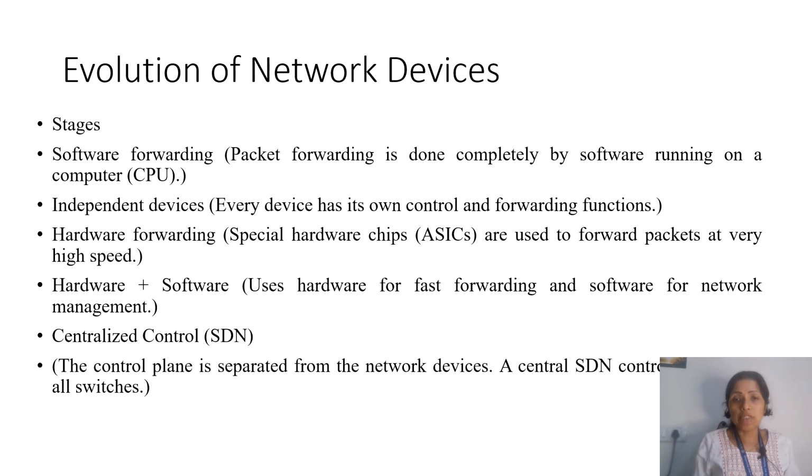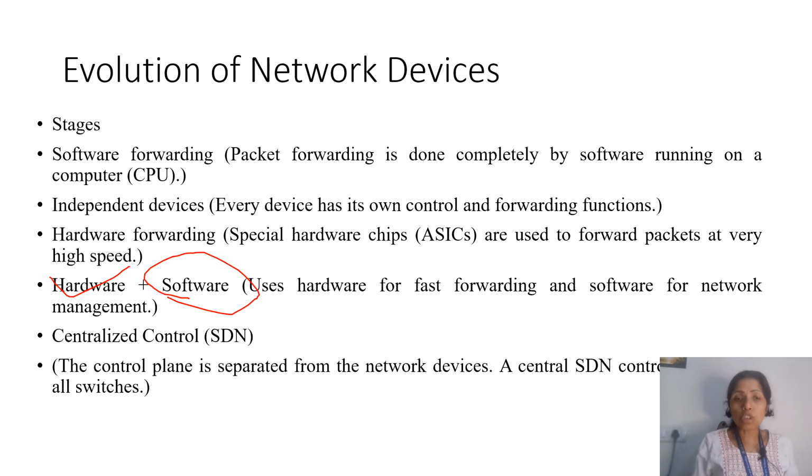Then independent devices. Each device has one control plane and one data plane. Then hardware forwarding. Hardware forwarding means the hardware is used to forward the data. After that, in the technology design, hardware plus software means software is used to manage the network and the hardware is used to transfer the data.